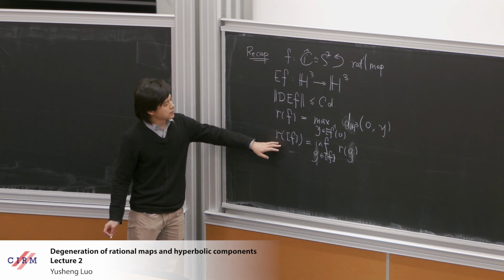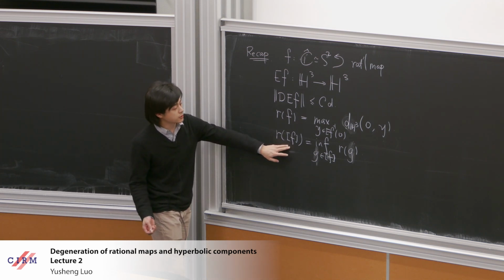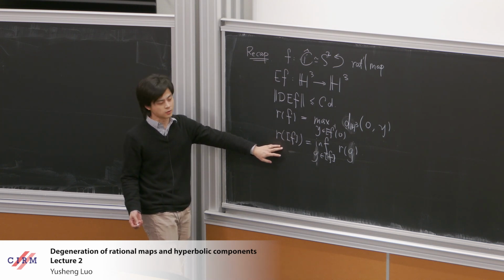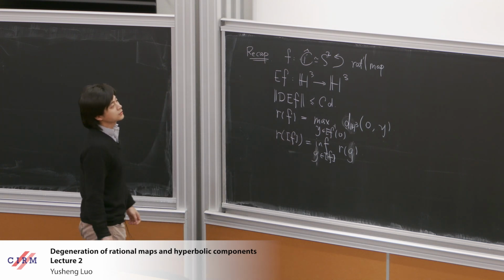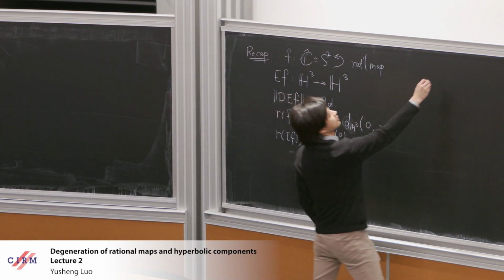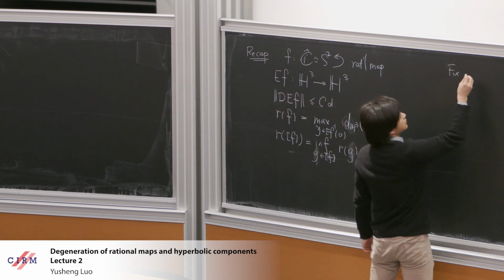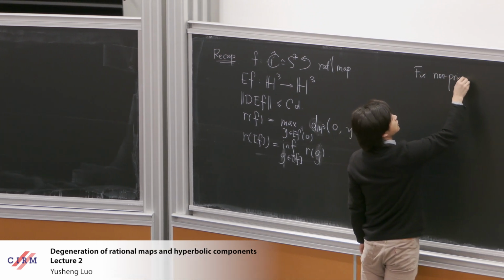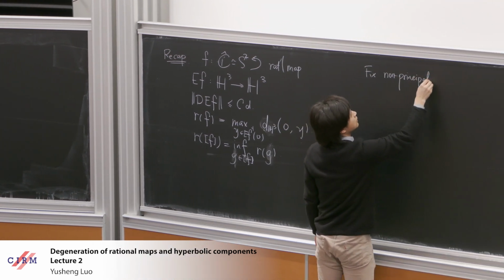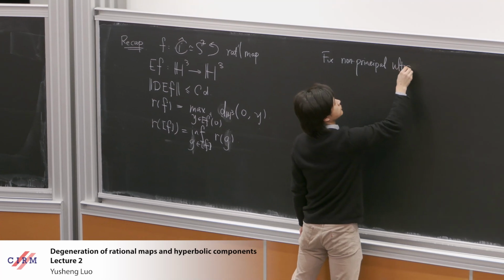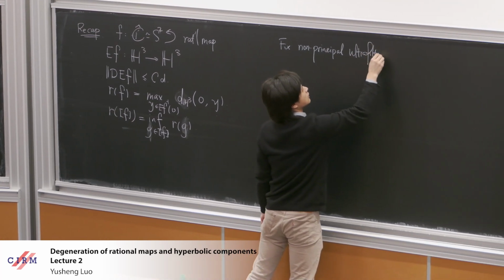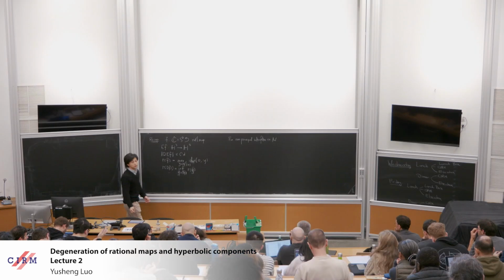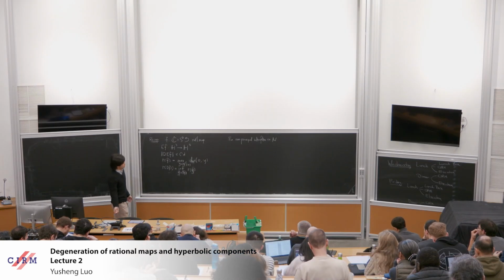So as the conjugacy class of rational maps degenerates, we want to rescale the metric using this one. And to do that, we fix some non-principal ultrafilter on N, and then we try to construct this ultralimit.